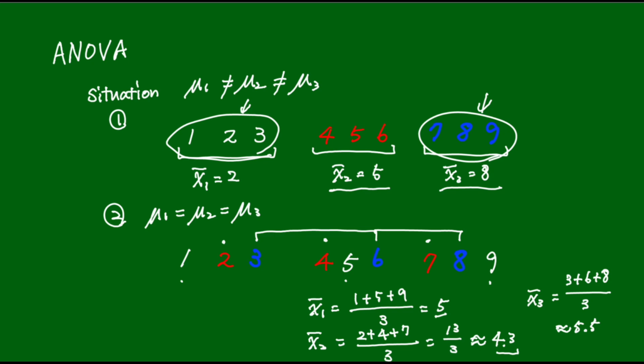So if we can find some measure, I'll call my measure F. If I can find some measure that tends to give a higher number for situation 1, and a lower number for situation 2, then I can use this F as my statistic.